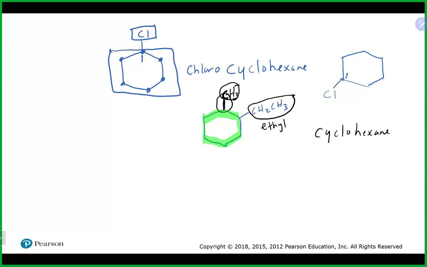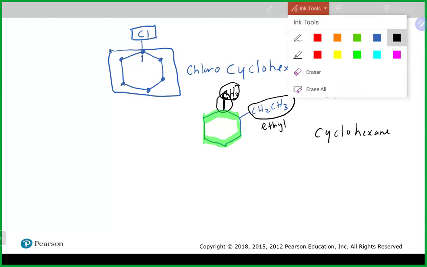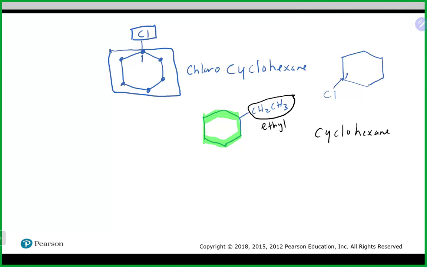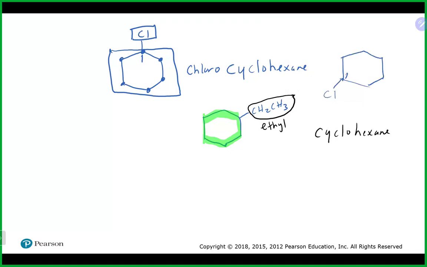So remember, if you have just a single line drawn and nothing written there, at the end should be a carbon. And remember that that carbon needs the appropriate number of hydrogens to get the 4. So it has one line coming in and would need obviously 3 hydrogens.